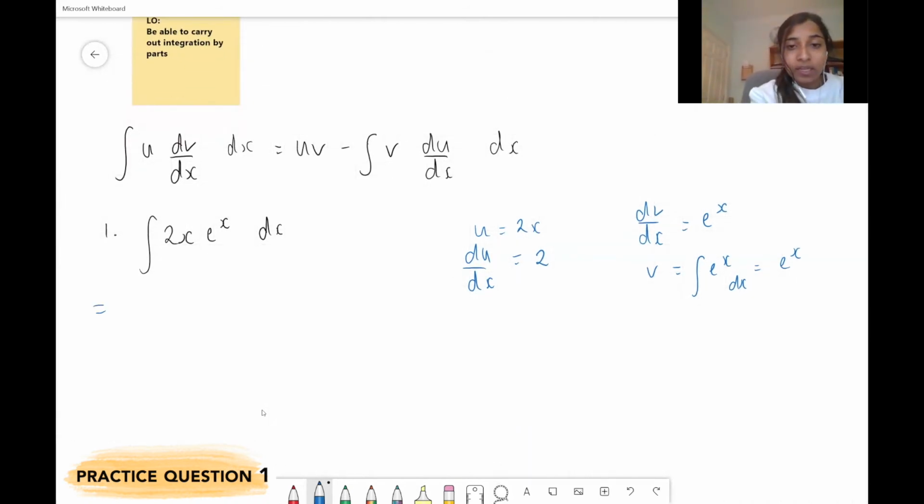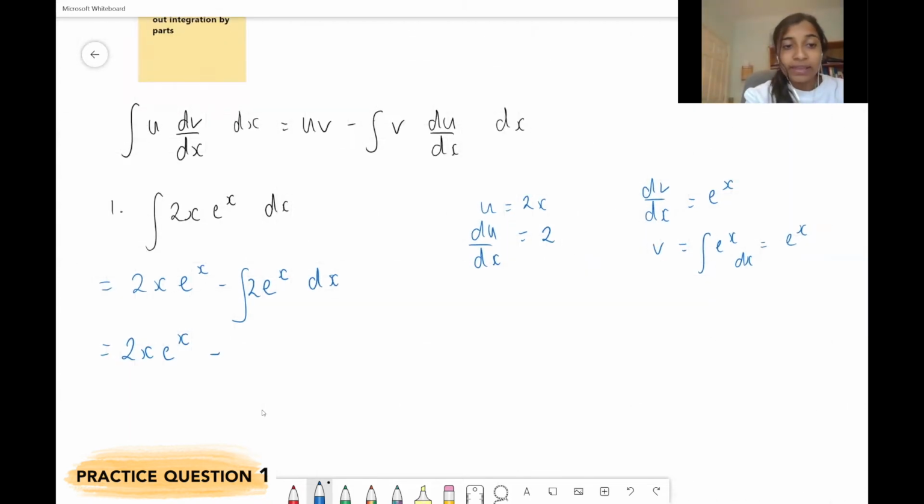So we have that equal to u times v, so 2x times e to the power of x, minus the integral of v, which is just e to the power of x, times du over dx, so times 2. And if we do that, we get 2x e to the power of x minus the integral of this, which is just e to the x integrates to e to the x, so it's just minus 2 e to the power of x. Then remember your constant on the end.